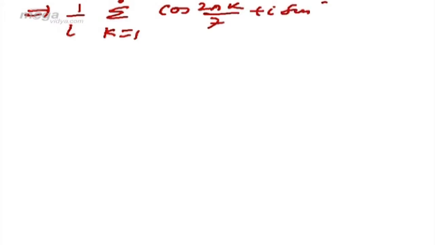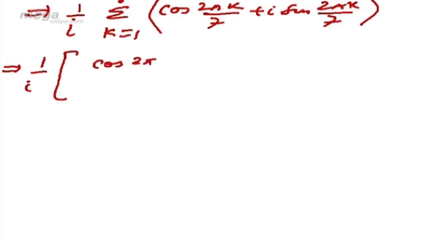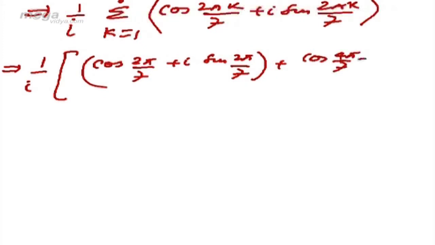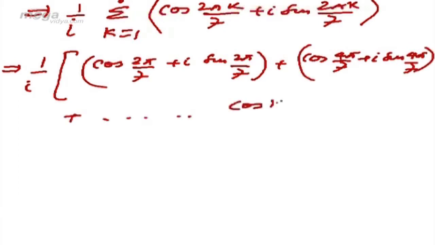So 1 by I summation of k is equal to 1 to 6 cos 2 pi k by 7 plus I sin 2 pi k by 7. Now this can be written by expanding it: cos 2 pi by 7 plus I sin 2 pi by 7 plus cos 4 pi by 7 plus I sin 4 pi by 7 till cos 12 pi by 7 plus I sin 12 pi by 7.